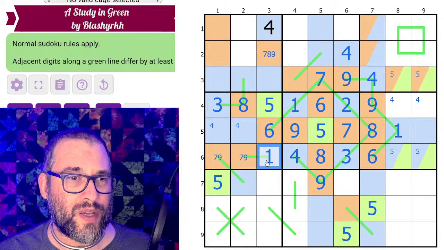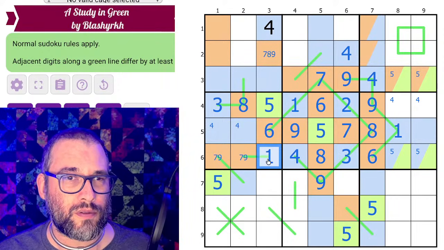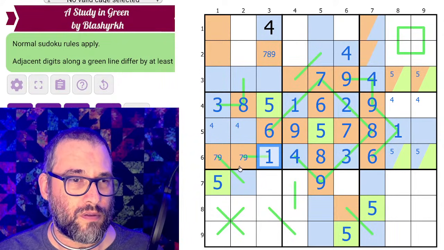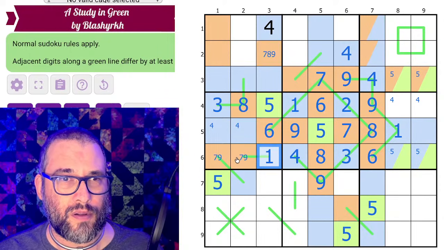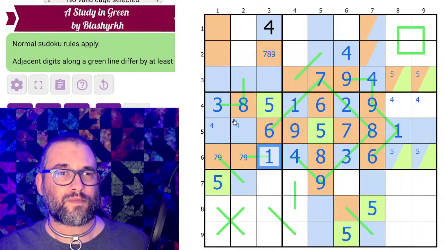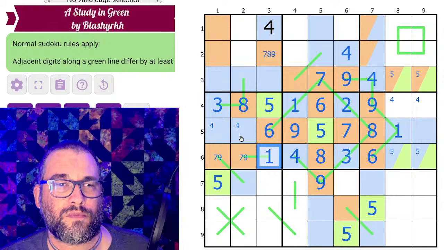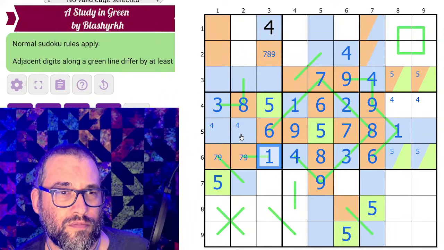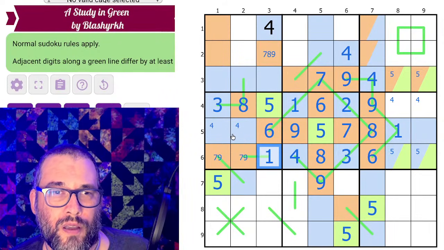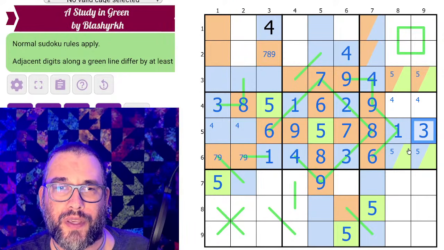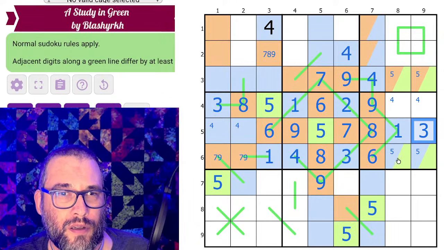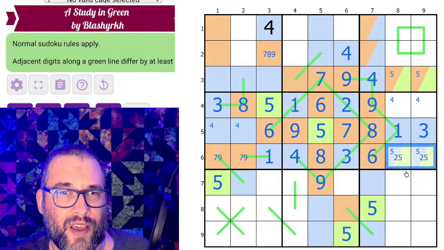This is 1 by Sudoku. 3 in row 5, very good. Goes here. This is actually a 2, 5 pair.